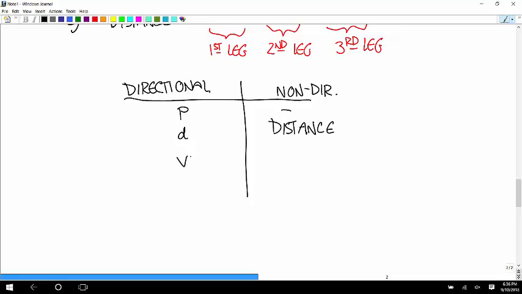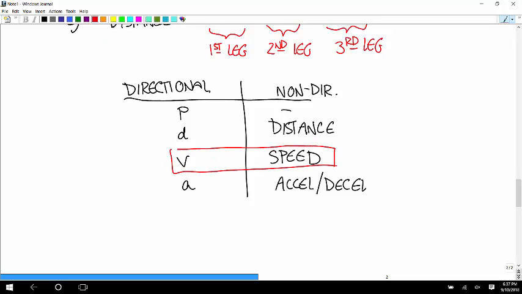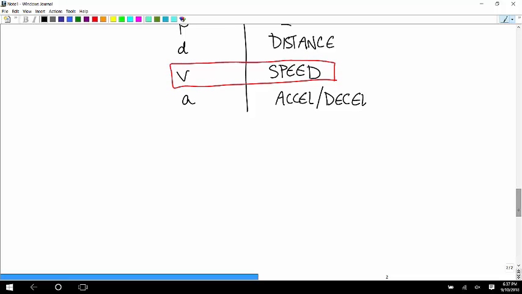And now we have to talk about velocity, which is related to speed. So we're here. Okay, so now velocity and speed.